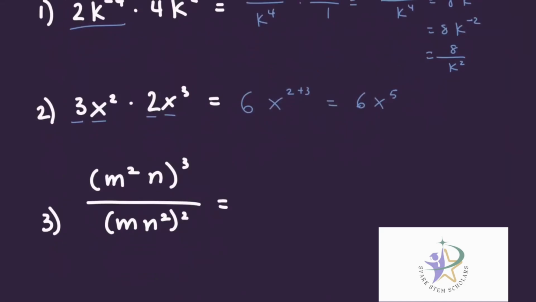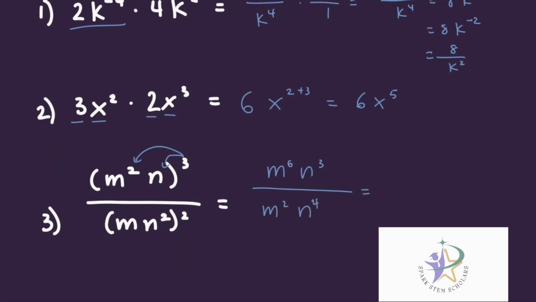This one is a little bit more work, but it is pretty simple. So you distribute the exponent of 3 to both variables. We distribute, it is 2 times 3, so it would be m to the 2 times 3, that is 6. And that's n to the 3rd. And doing the same for the bottom, then it will be m squared and n to the 4th, because 2 times 2 equals 4.